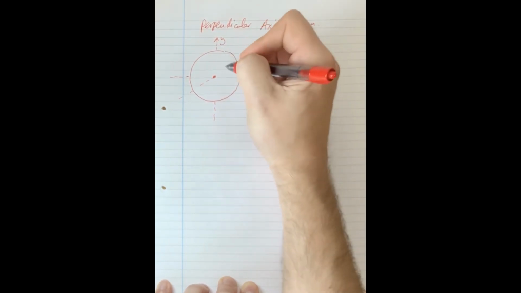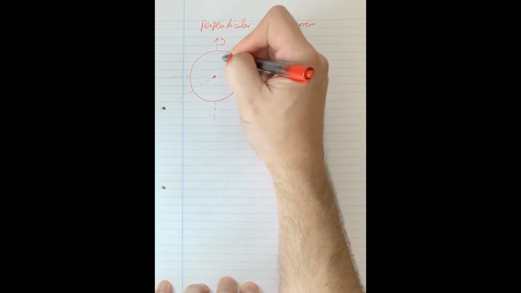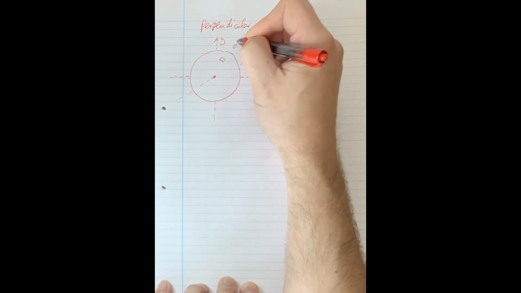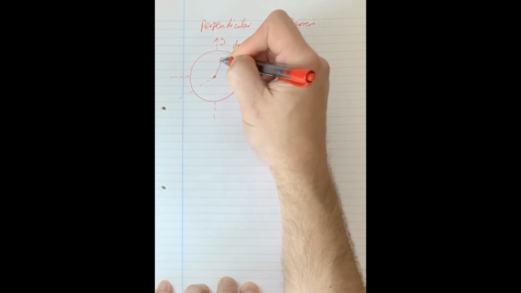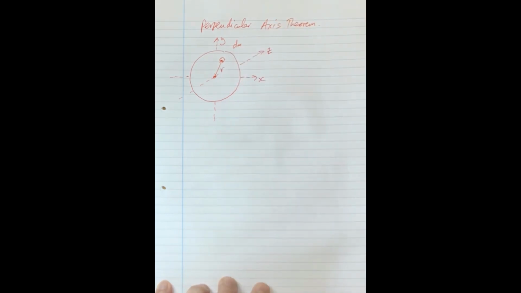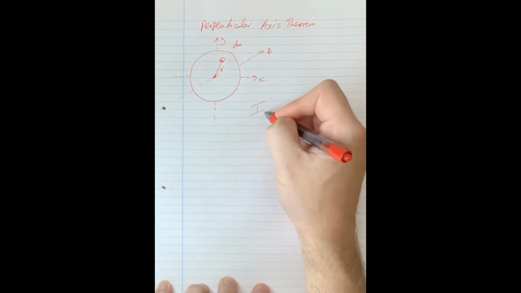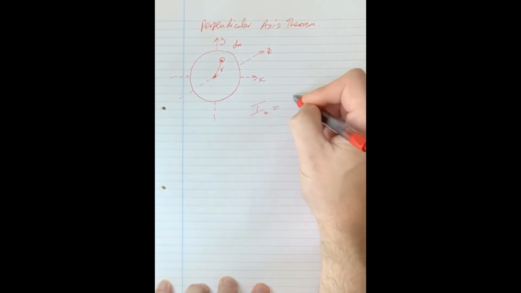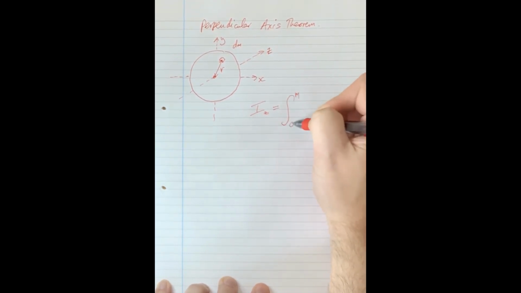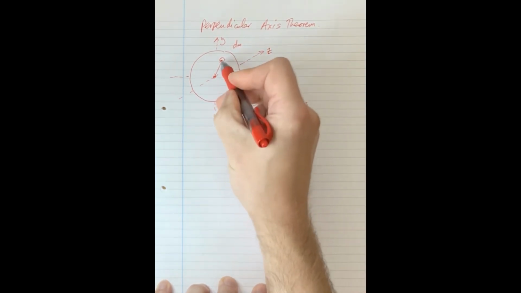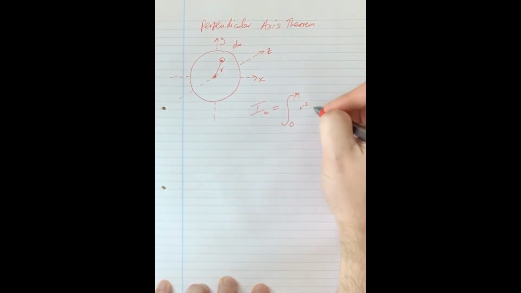And then if we were going to work out, so we've got a small amount of mass, dm, and then we know how far away dm is. And if we were going to work out the moment of inertia of this entire shape in the Z direction, we would just simply be summing up all the masses by multiplying it by every single distance squared with respect to the mass, okay?